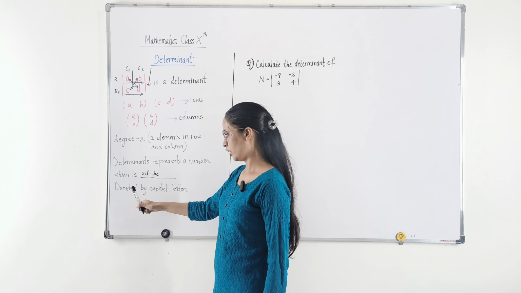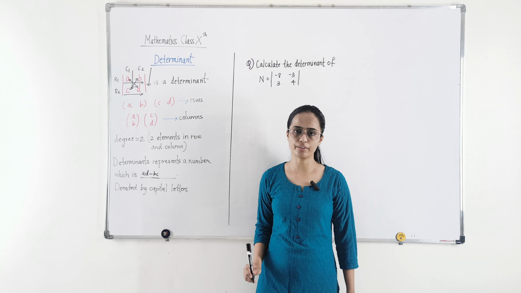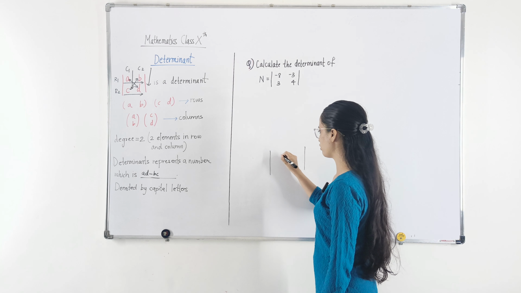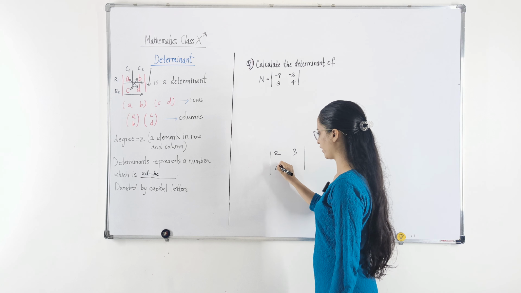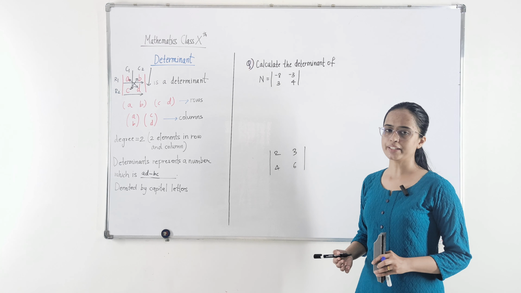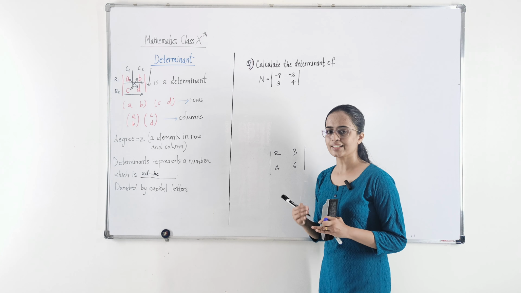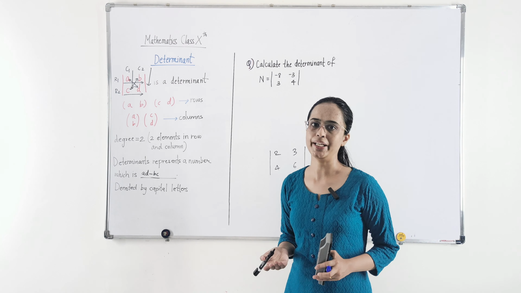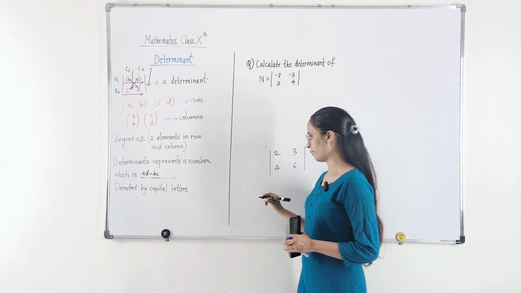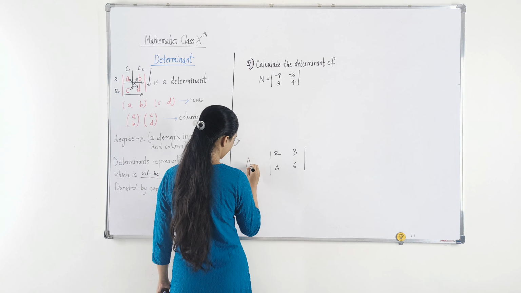Now a determinant is always denoted by a capital letter. So let's say you have an arrangement of the form 1, 2, 3, 4 and 6, right? So this is a determinant whose value is yet to be calculated, but just as every entity has some name, the name or notation for this determinant is always in terms of a capital letter.